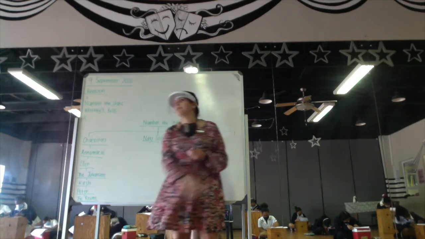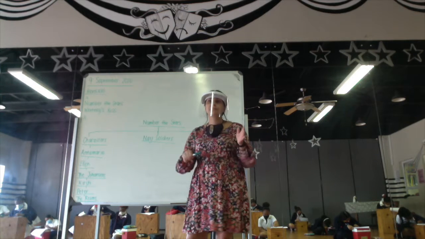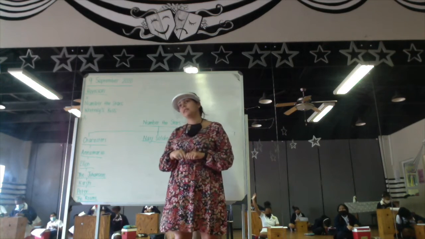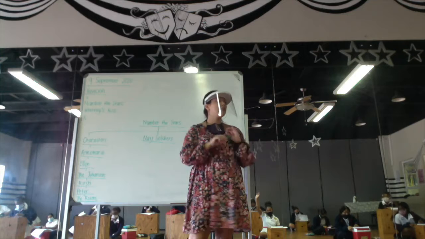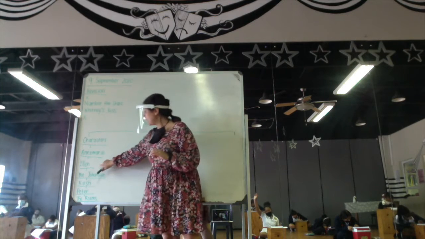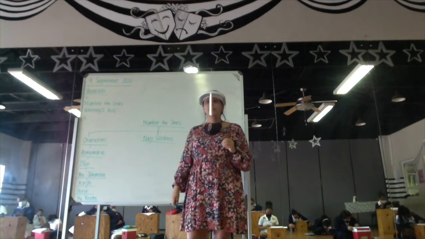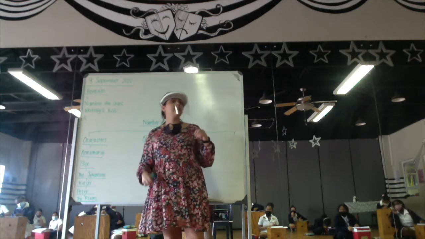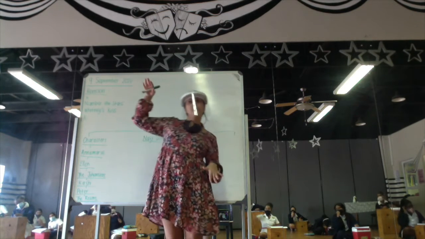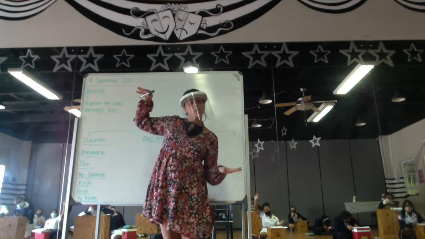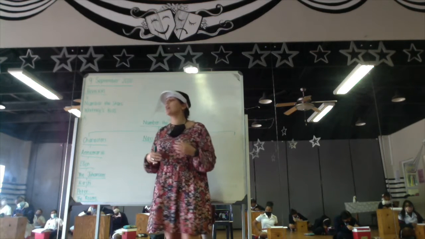Okay, let's look at Ellen. Who's Ellen? Dark hair, brown eyes. Anne-Marie is tall, but she is short, okay? She's stocky.